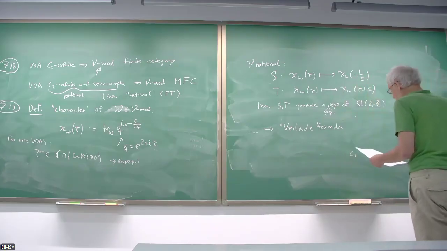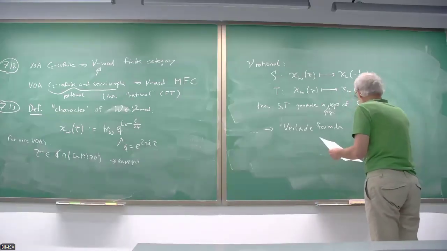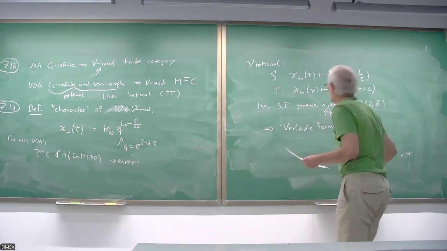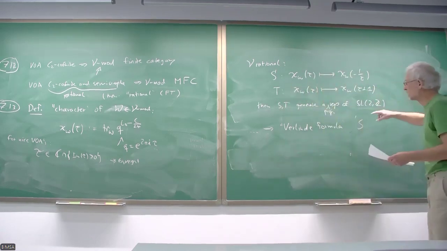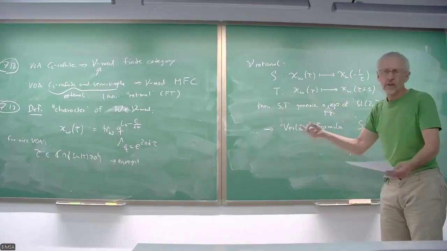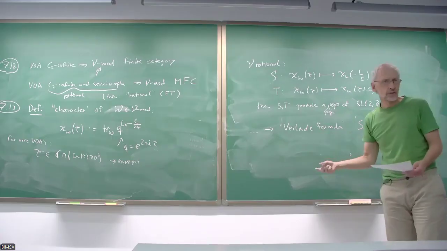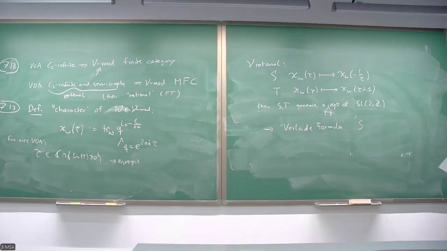But one way to actually say this is that this S, which I get here as a matrix, then in the rational case, actually it turns out there are finitely many isomorphism classes of modules, so I can write that in terms of the characters of simple modules. I just get the square matrix S.